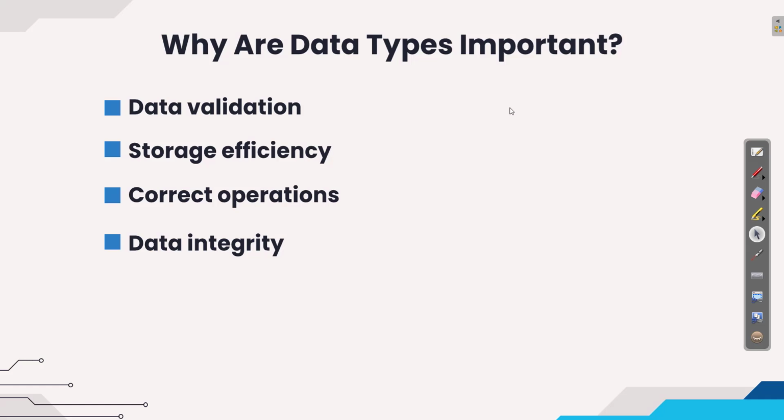Data integrity. Specifying the correct data type helps to ensure data integrity. We discussed data integrity in the previous video. If you specify the correct data type, it helps the database accept valid data and reject incorrect data.